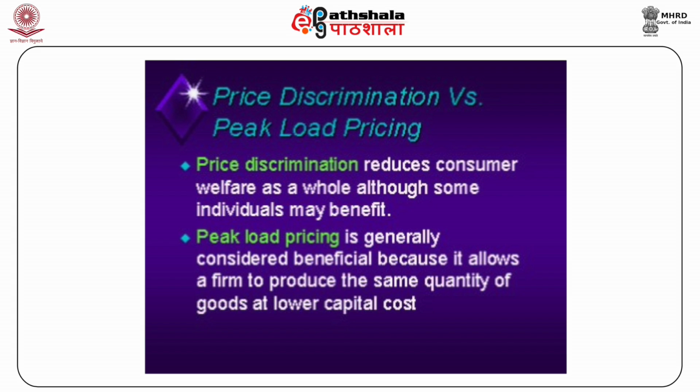Price discrimination is the practice of charging different prices in different markets for different quantities or at different points of time for the same product without any difference in costs to the producer in supplying the product.